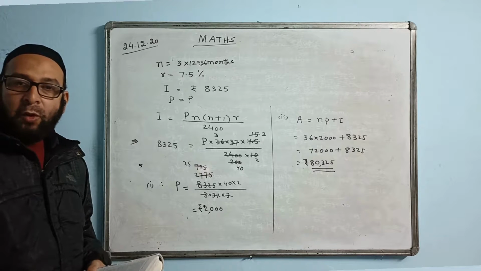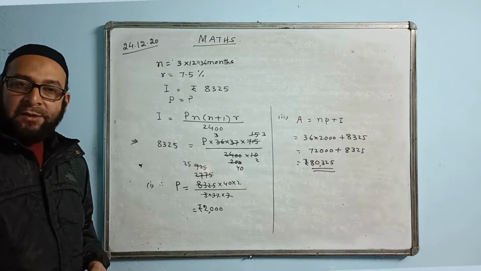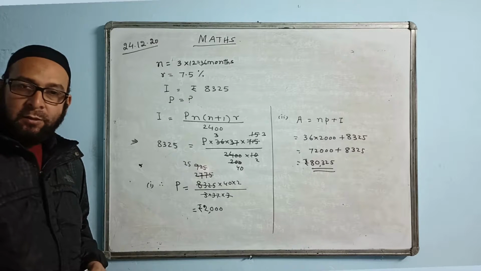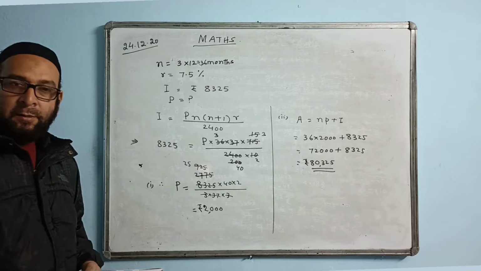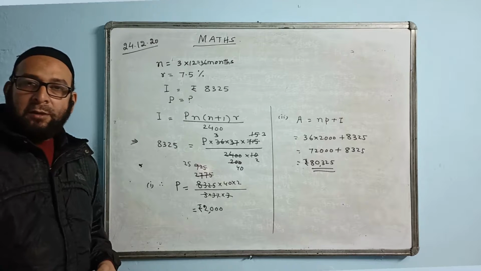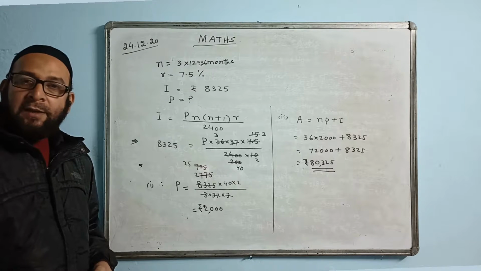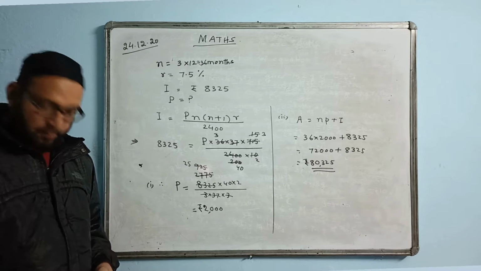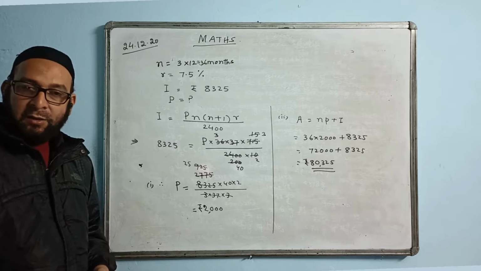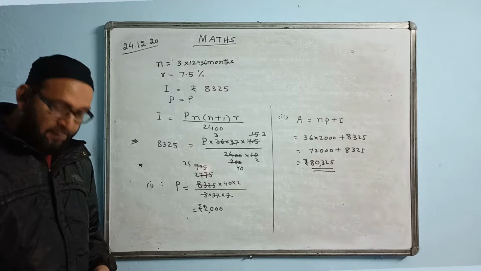Mohan deposits rupees 800 per month in a recurring deposit account at 6% per annum, simple interest.